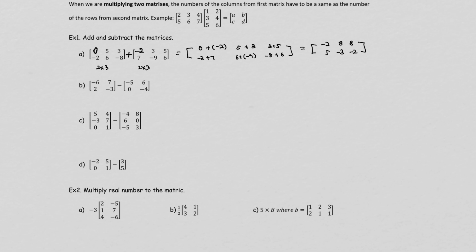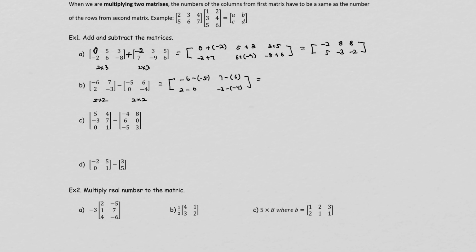Let's look at the second matrix. This is a 2 by 2 matrix. This is a 2 by 2 matrix. So you should be able to subtract the same element, right? Same place. So it will be negative 6 minus negative 5, 7 minus 6, and 2 minus 0, and negative 3 minus negative 4.